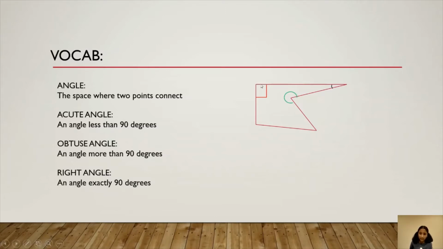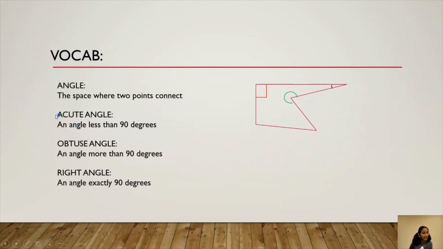Sometimes where it is connected is called a vertex, but the space where it's connected, like over here where this rectangle is marked, that is the space where both segments are connected. So I hope that was clear. So that is what an angle is.